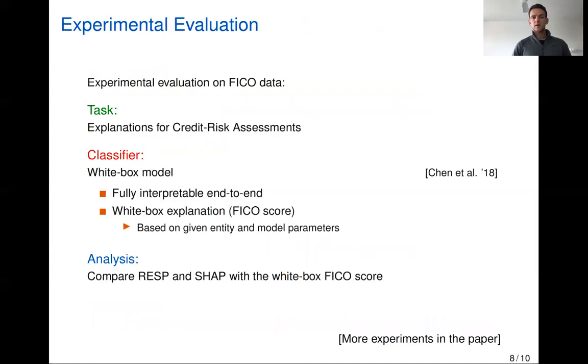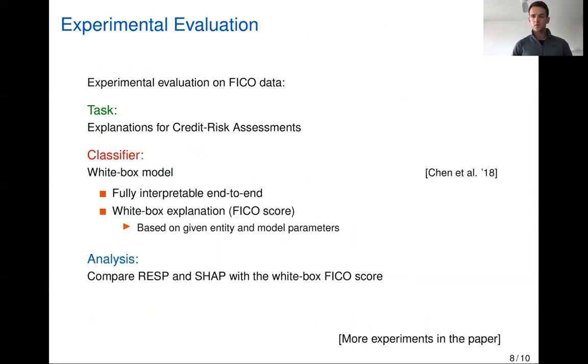I want to quickly highlight a few of our experimental results. And here I focus on FICO data, where the task is to explain credit risk assessments. So this is very similar to the scenario I introduced at the very beginning. The classifier is specific for FICO data, and it is a white box model, which means that it is fully interpretable end to end.